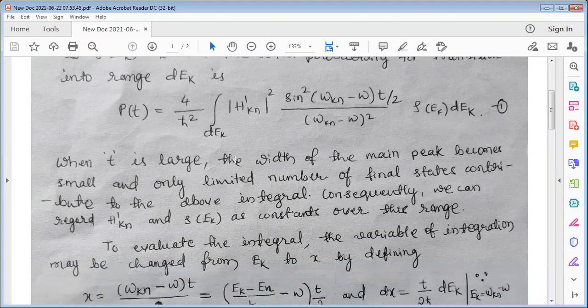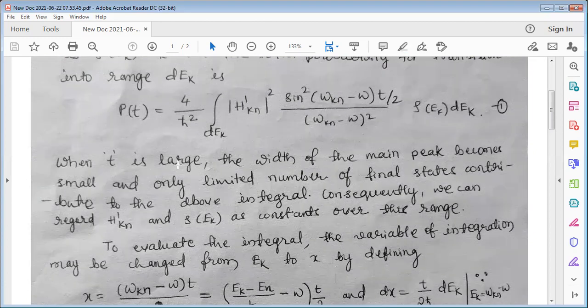When t is large, the width of the main peak becomes small, as I told in the last session. In the plot of omega kn versus the probability, at time t equal to 0 the main peak was there with a high maximum height, and as the time increased, the other sub-peaks were raised, and their height was considerably small.